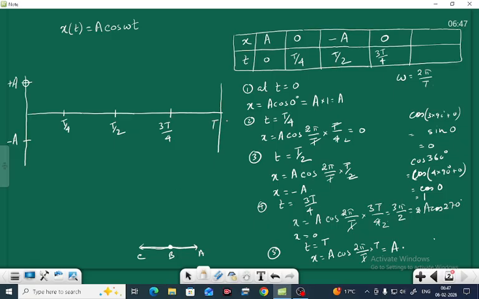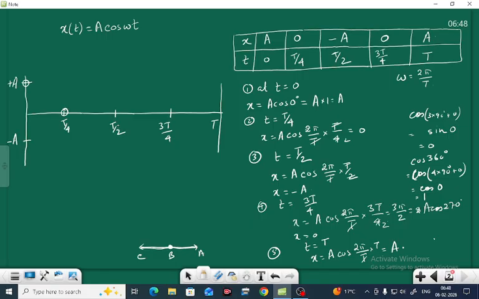So we have taken 4 points, 1, 2, 3, 4, and 0 also, that is 5 points, right? So at time T, the displacement is A. What we are getting here is x is 0 at time T by 4.